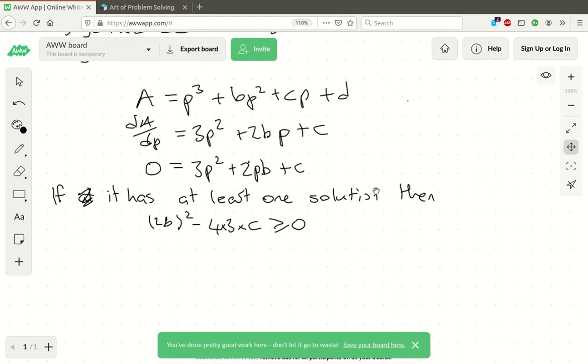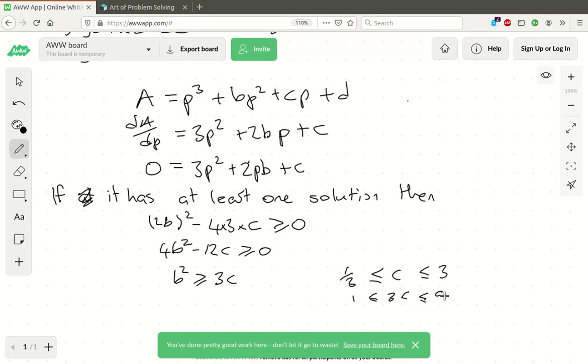Yeah? Okay, that's great, because that gives us, in many ways, our first answer, because we get 4b squared minus 12c is greater than or equal to 0. So b squared is greater than or equal to 3c. Now, remember that c was bounded between a third and 3. So 3c is bounded between 1 and 9.